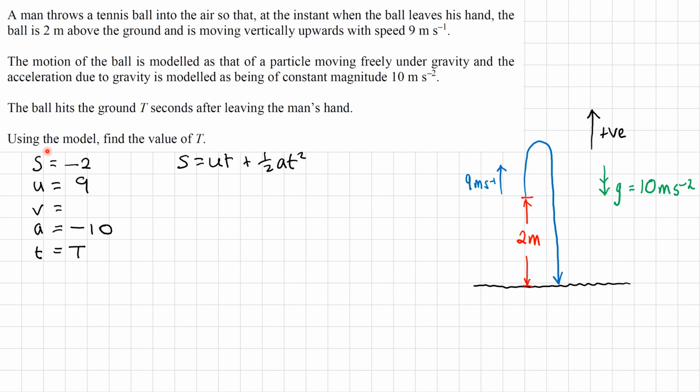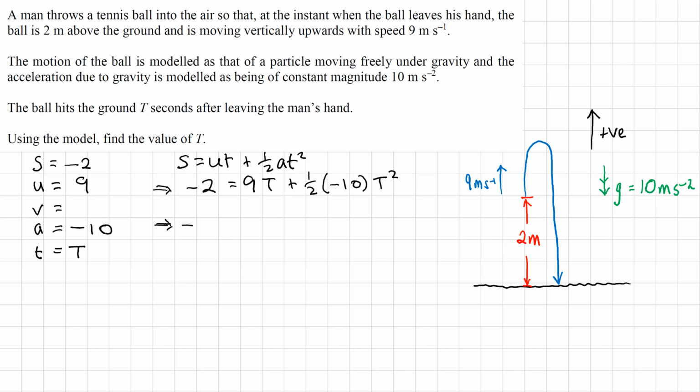So now we just substitute these values into the equation. That will give us -2 is equal to 9T plus half, A is -10, and then T squared. Let's simplify this.